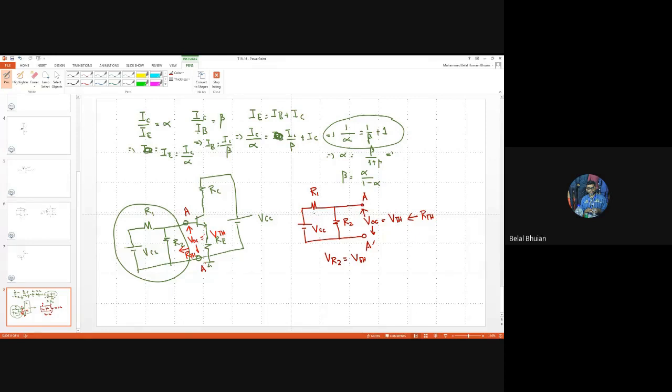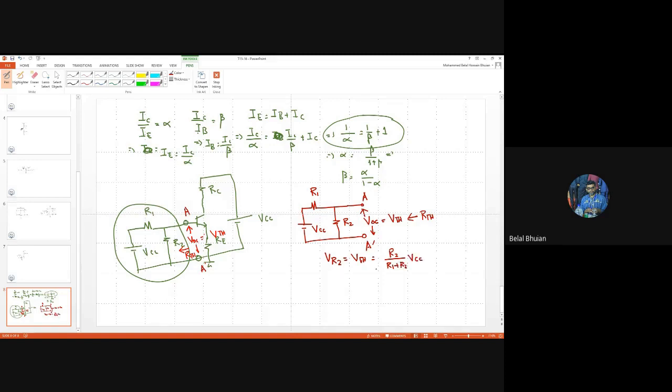So we can determine the current and then multiply it by the resistance, or we can apply the voltage divider rule. VR2 is in fact R2 divided by R1 plus R2 times VCC.